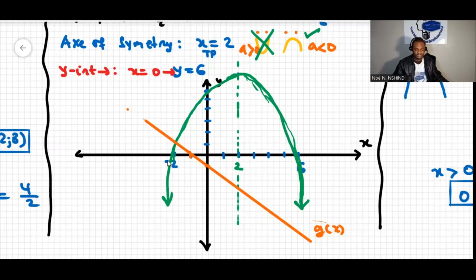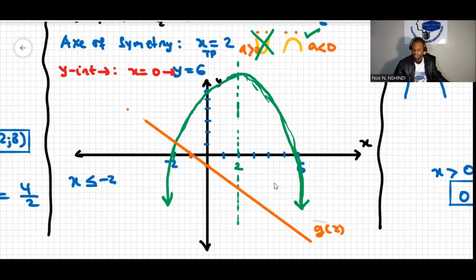I will say the solution here will be when x is less than or equal to negative 2, because positive times negative makes negative, and also over here negative times positive. Between negative 2 and 6 it is less than 0.